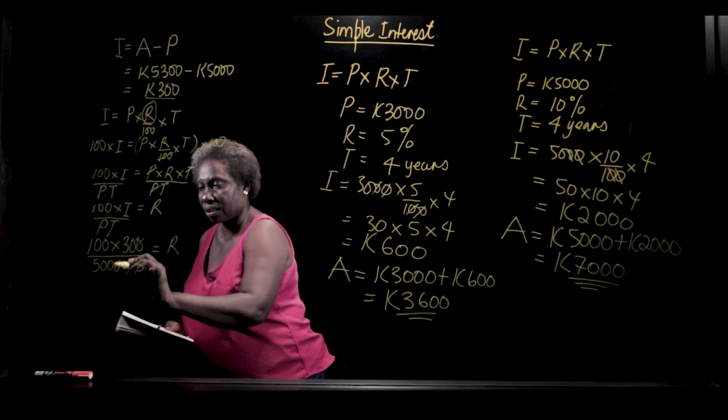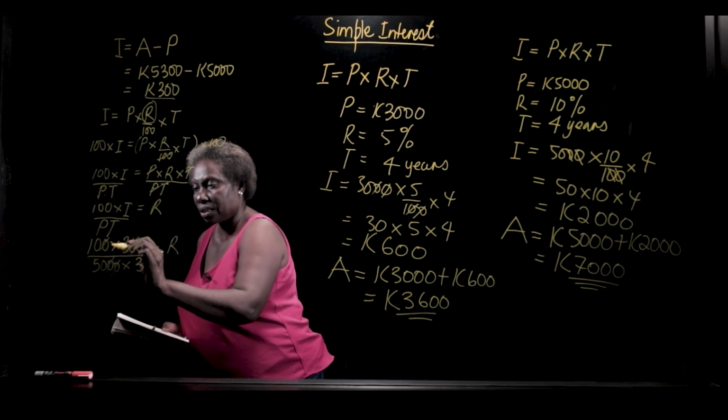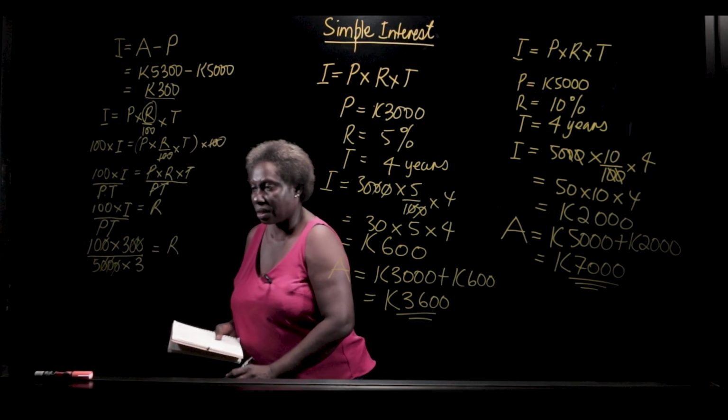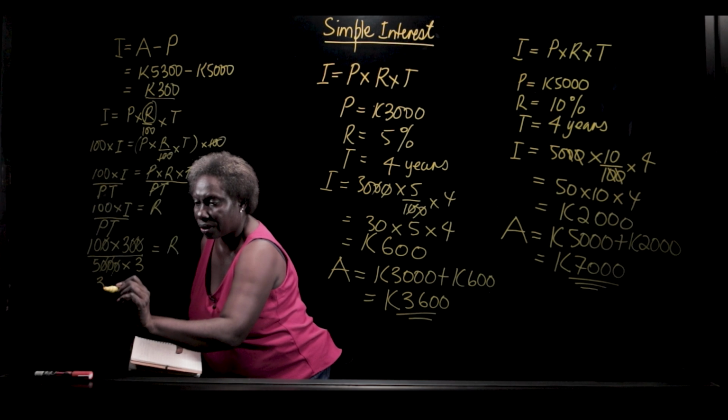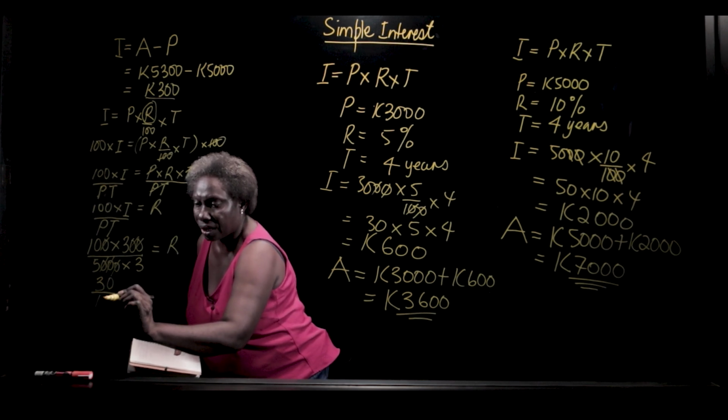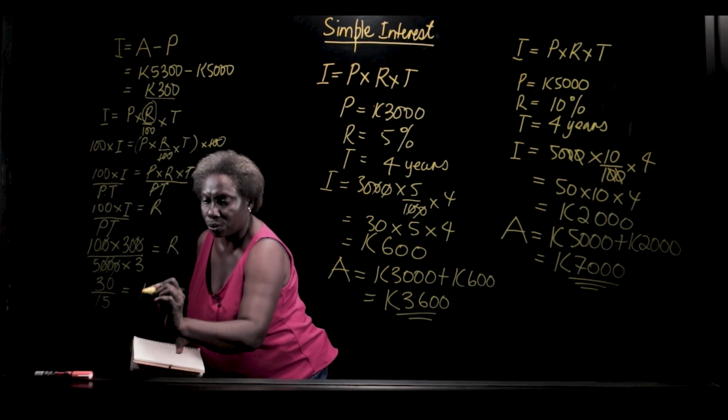This cancels out with this. This 0 cancels out with this. So now we have 30 over 15 is equal to R.